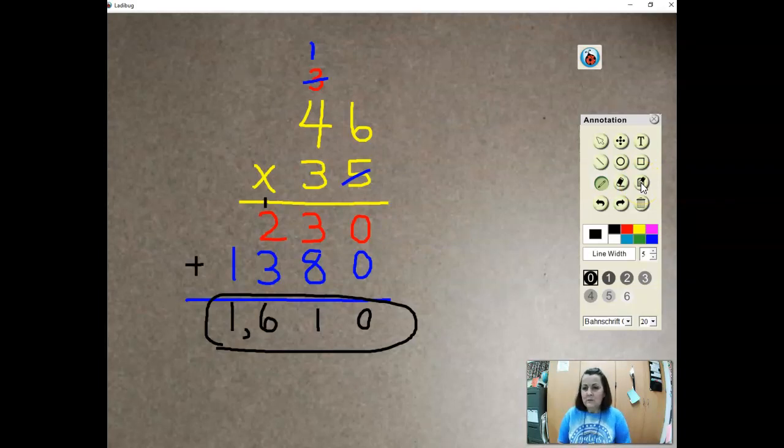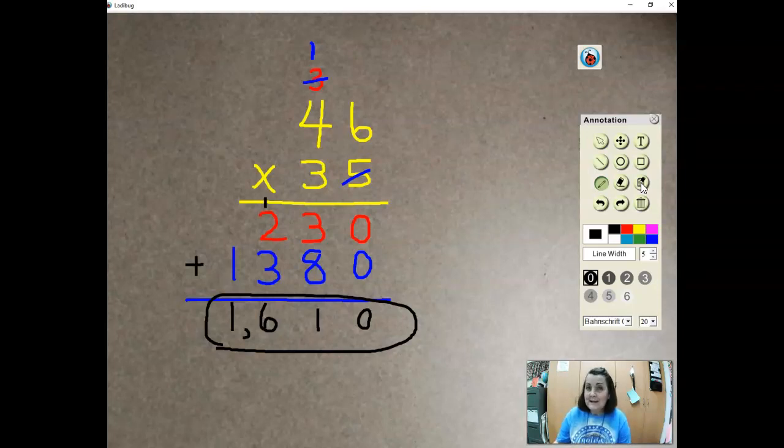And I am going to give you a few problems to do that I want you to work in your spiral using the standard algorithm. I'm going to start today with giving you a few problems without regrouping, and then I expect tomorrow, once you have the process correct, to be able to do some practice problems using the standard algorithm with regrouping, okay?